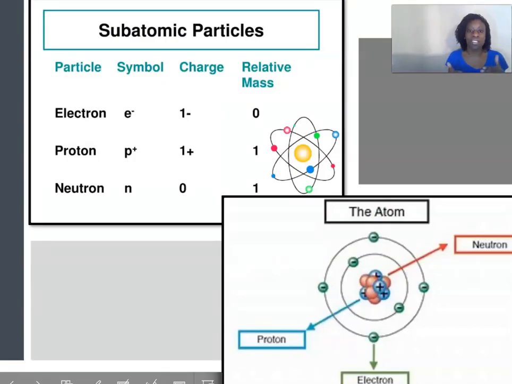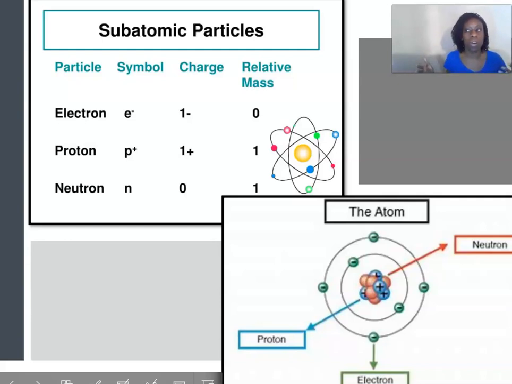Protons, neutrons, and electrons make up an atom, and atoms make up elements. Every element has its own unique type of atom, so carbon elements have carbon atoms, and silicon elements have silicon atoms.